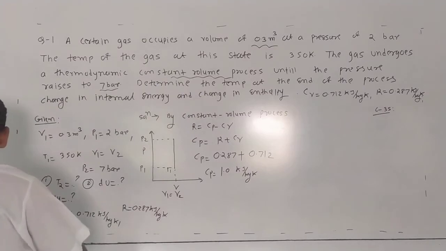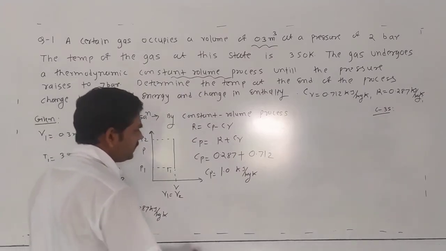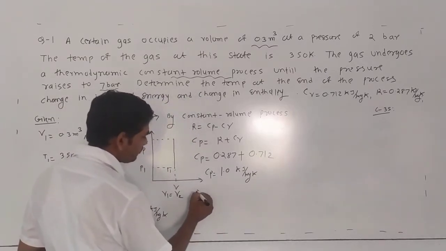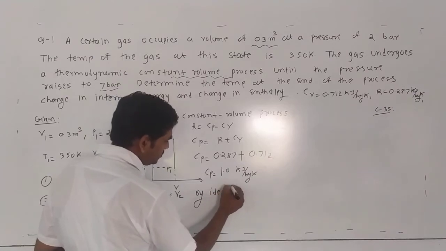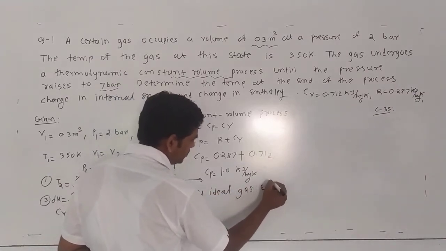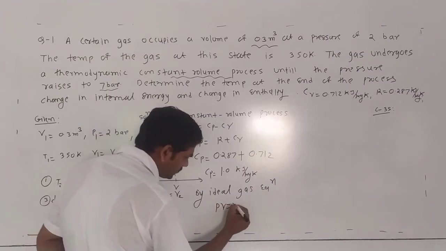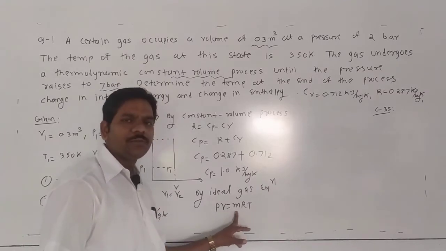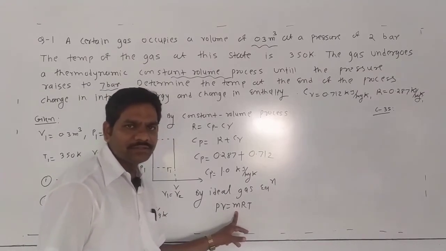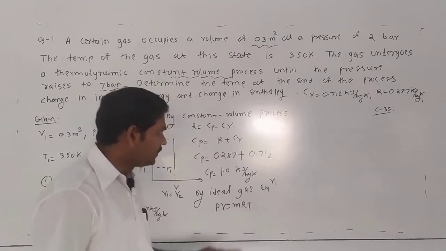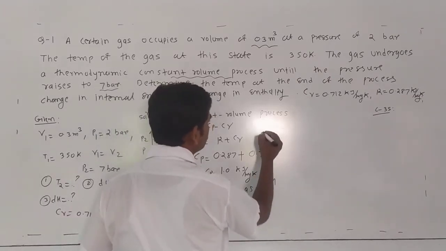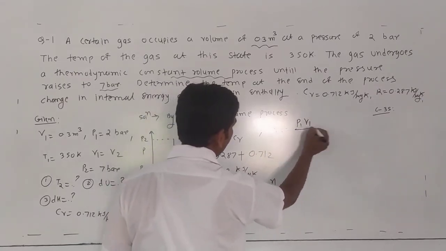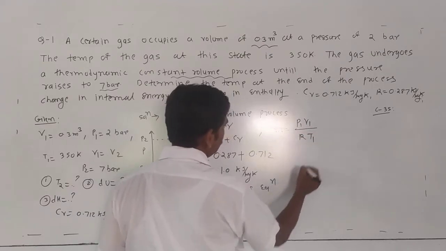Then, by the ideal gas equation, we determine the mass of the gas. The ideal gas equation is PV is equal to mRT. Using this, first we determine the mass of the gas present inside the system. m is equal to P1 V1 upon R T1.